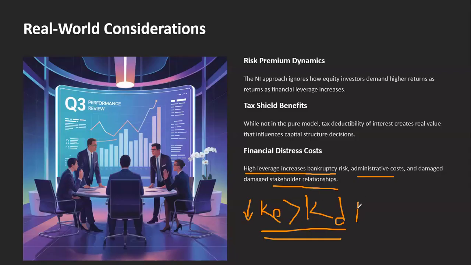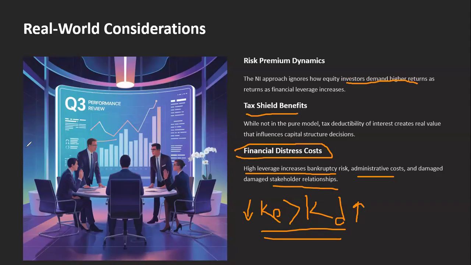But where it fails is that the tax benefit cannot be the same. Similarly, investors can demand high returns if the profit is high, and financial distress can be created if the leverage increases or if this kind of situation increases.